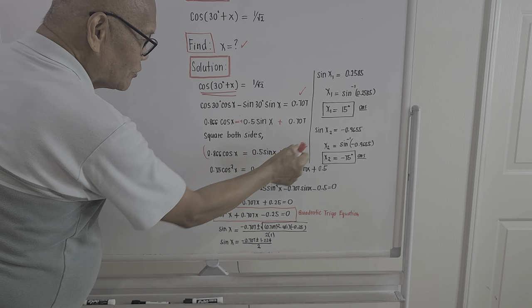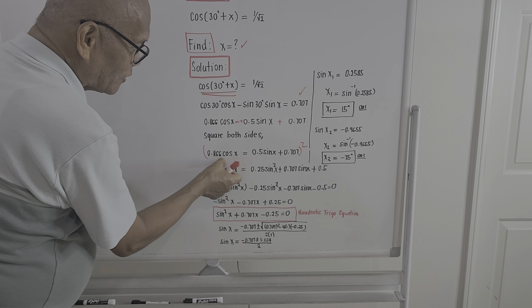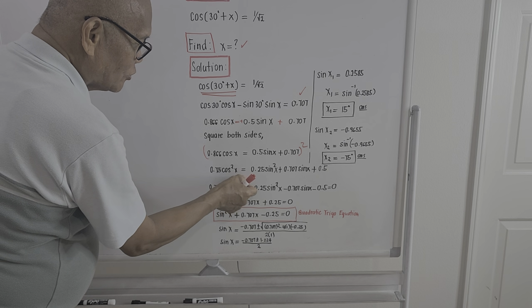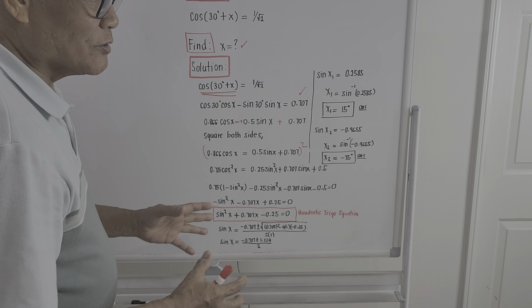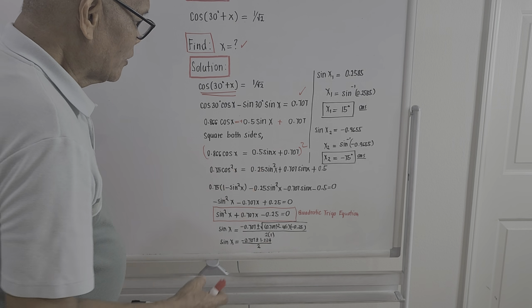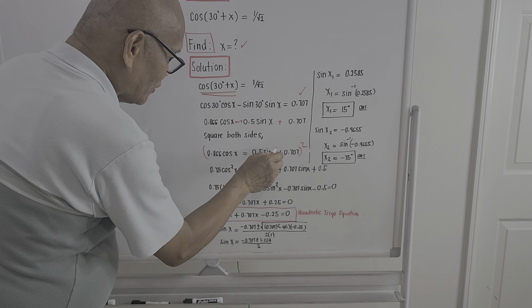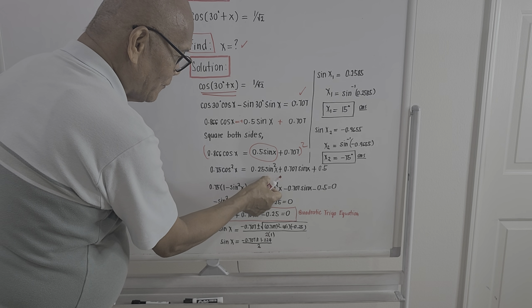0.866 raised to the second power will be 0.75. Cosine of x raised to the second power will be cosine square of x, and this should be equal to, for the right hand side, an expansion of a binomial that involves a trigo function. So it will be the square of the first one, which will be 0.25 sine square of x.